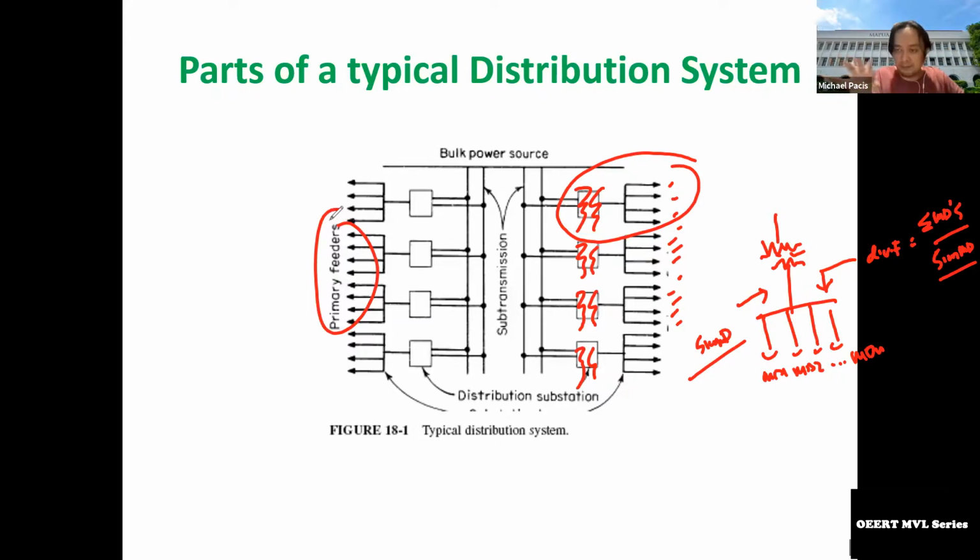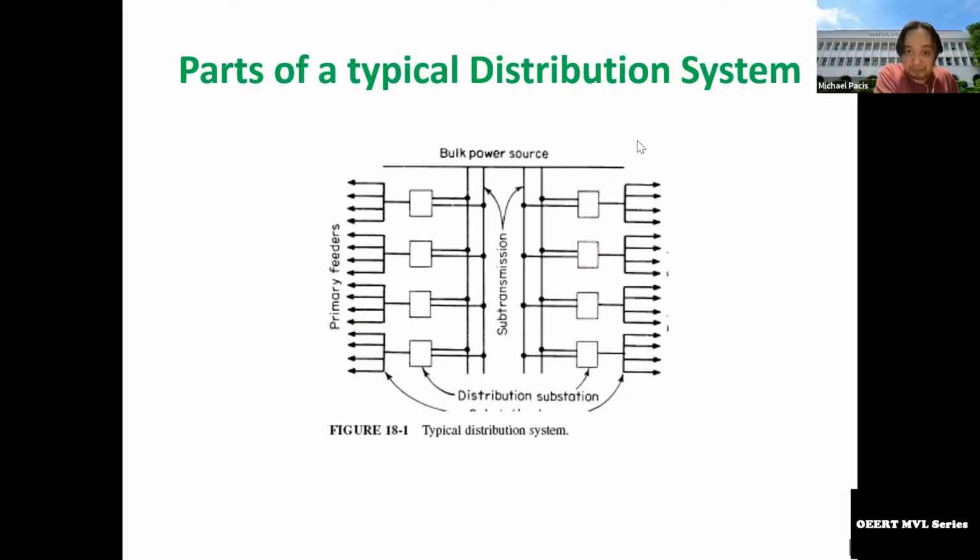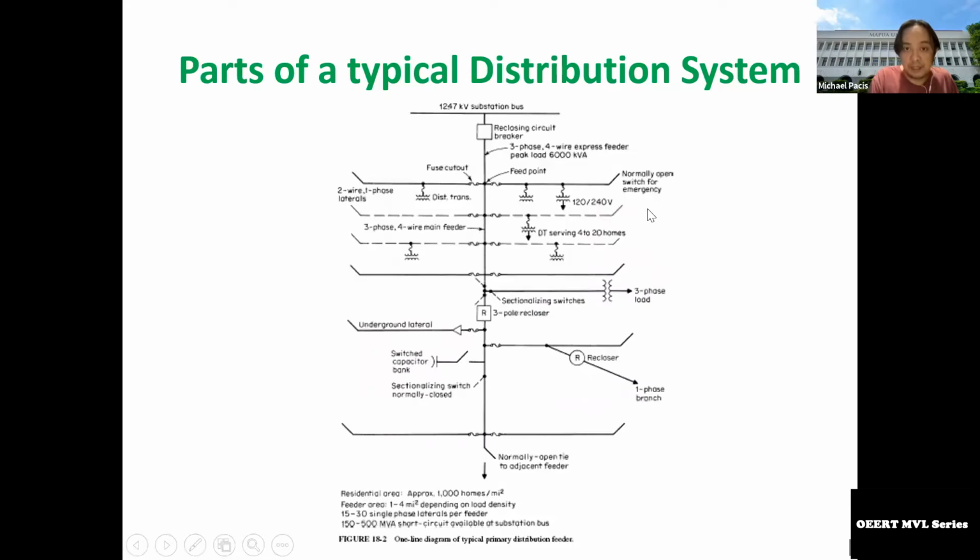So ganyan yung niyan. Ganyan yung single line diagram. But if you want to know the specific single line diagram and then the protective devices that is incorporated on each section and laterals, we can discuss this more in the next few slides, or we can clear this up moving forward.